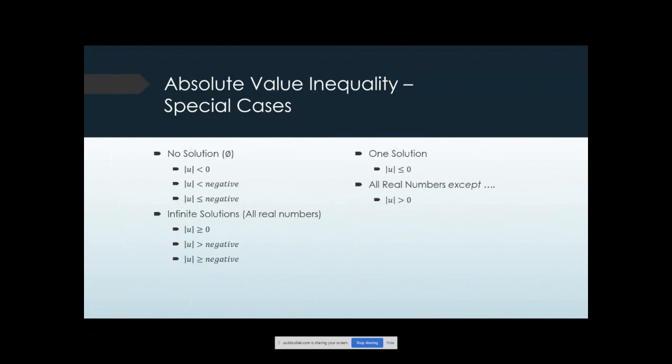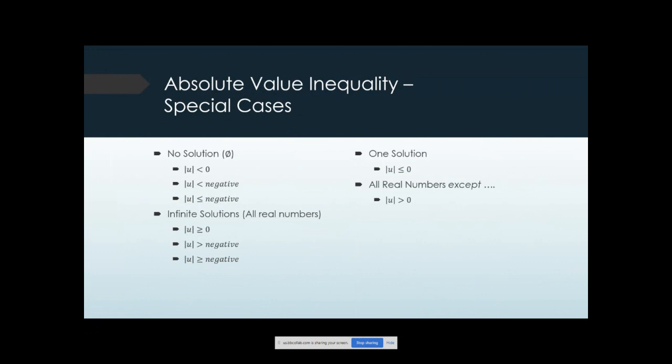So to basically summarize some of these special cases that we have, the ways you can get no solution: if your absolute value is less than 0, less than a negative, or less than or equal to a negative. You can get infinite solutions if your absolute value is greater than or equal to 0, if it's greater than a negative, or greater than or equal to a negative.